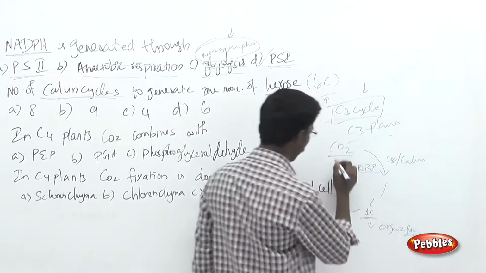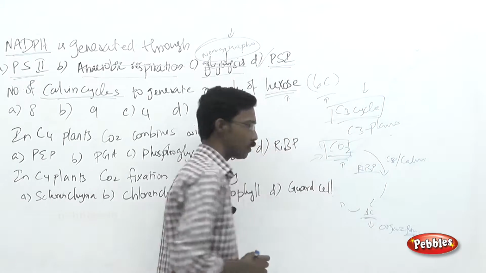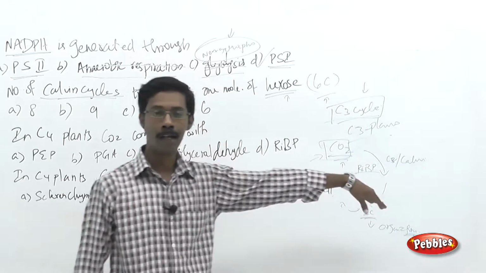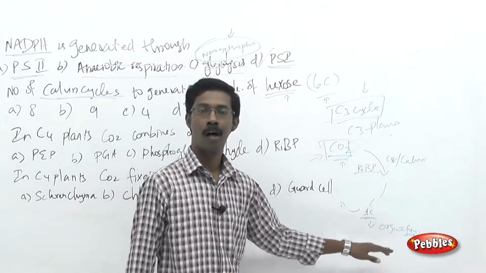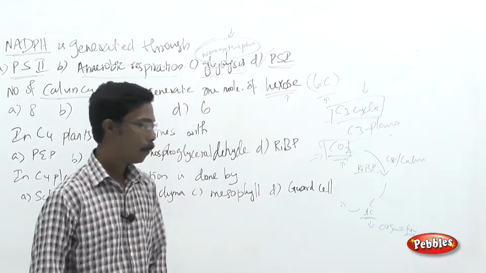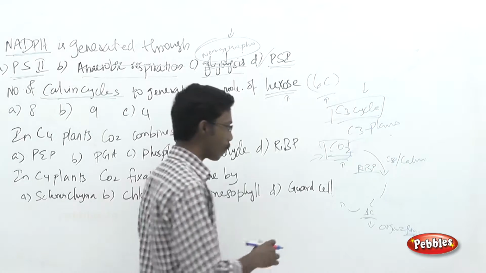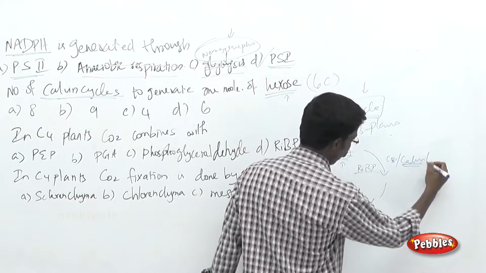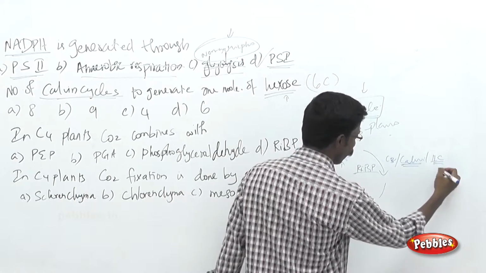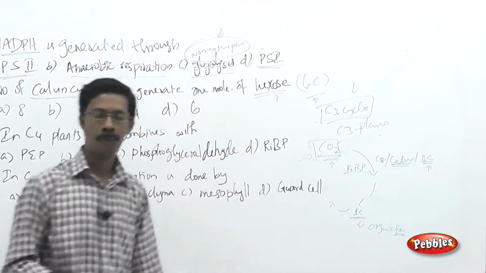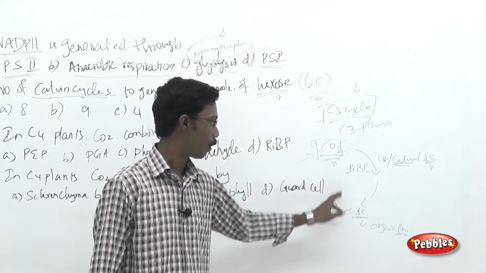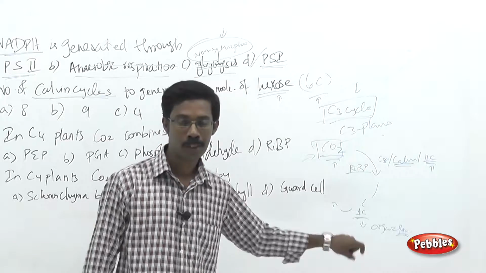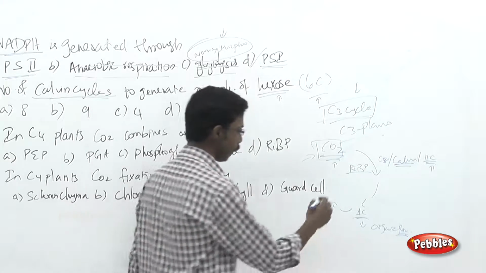Just remember one thing, carbon dioxide as a gas is an inorganic form. Over here when it is combined with hydrogen atoms, it is going to be fixed as an organic molecule, as a sugar. But the point you have to remember is that in each Calvin cycle, only one carbon will be fixed in organic form. Okay, this is what you have to remember.